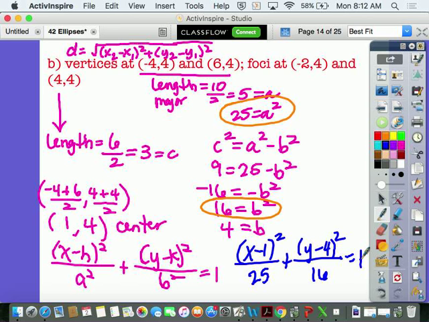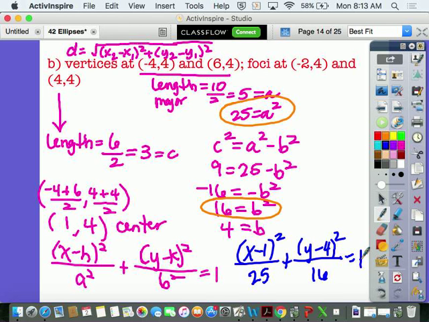And then to find the value of A, you figure out the length from vertex to vertex, and then you divide by 2 to get the value of A. If you were given your co-vertices, or the endpoints of your minor axes, then you figure out the length from co-vertex to co-vertex, and then divide that by 2, and that'll give you the value of B. If you ever need to figure out C to help you find A or B, like we had to do in this problem, you figure out the length from focus to focus, and then you divide by 2 to figure out your value of C. And remember, to find your center, you just need to find the midpoint between your vertices or your co-vertices.